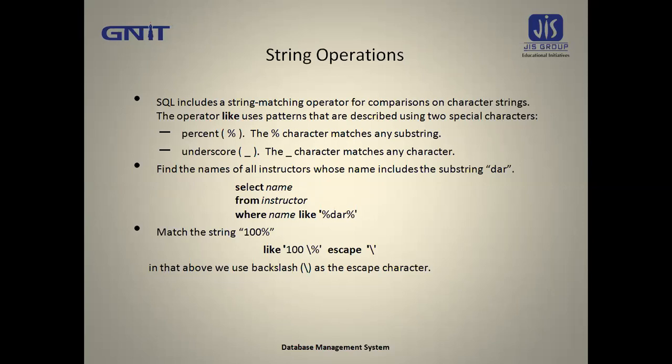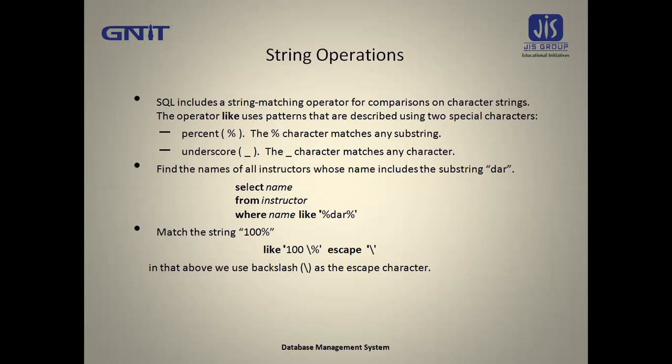The operators used are like, percentage, and underscore. The operator like uses patterns that are described using two special characters, percentage and underscore. Let us see: the percentage character matches any substring and the underscore character matches any character.